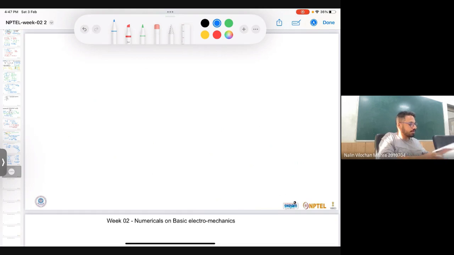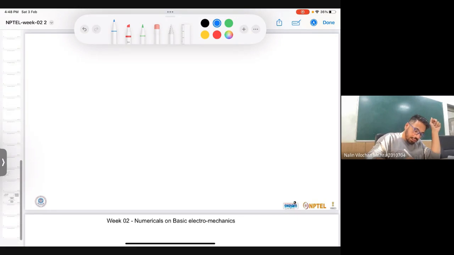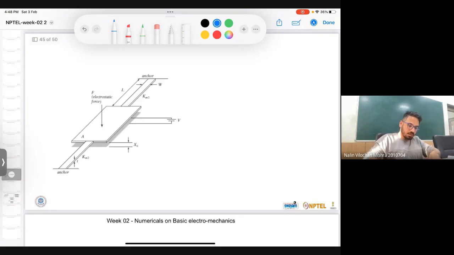Now we will solve a question of two parallel beams. So these two beams will support one plate of the capacitor, and another plate of the capacitor is fixed. So I think I have a diagram for that in here. So I'm talking about this figure.